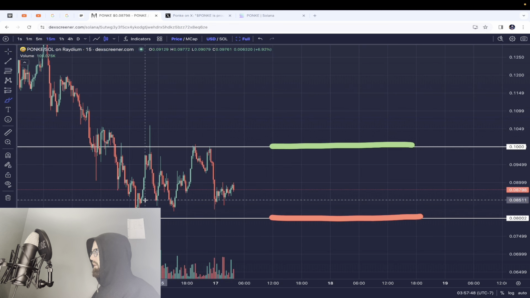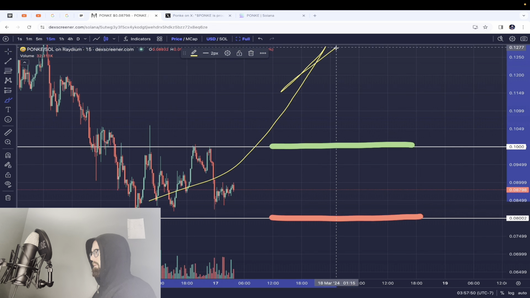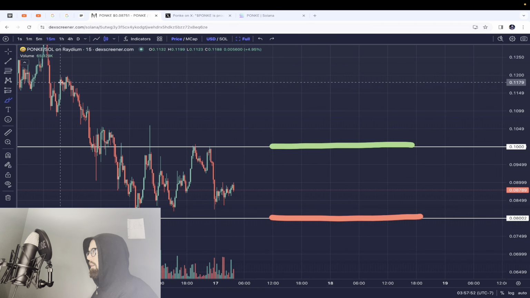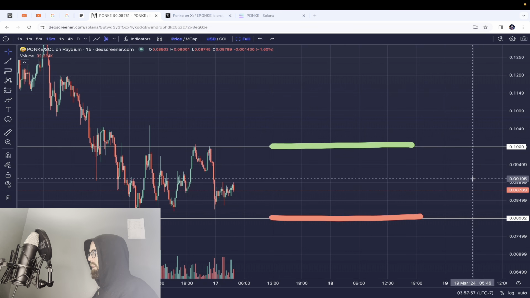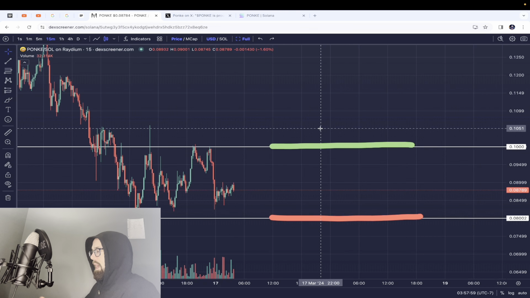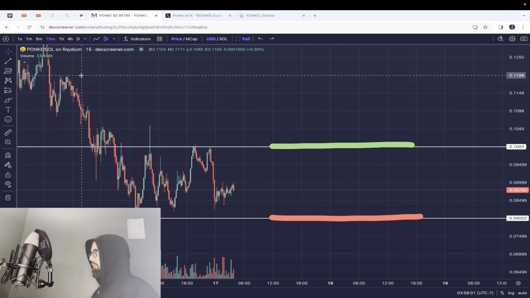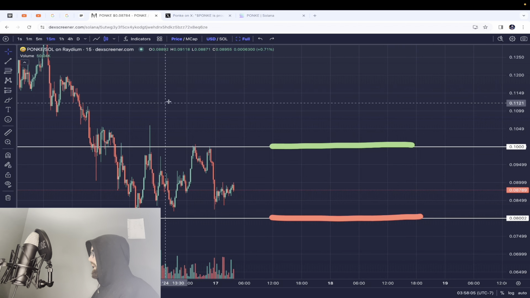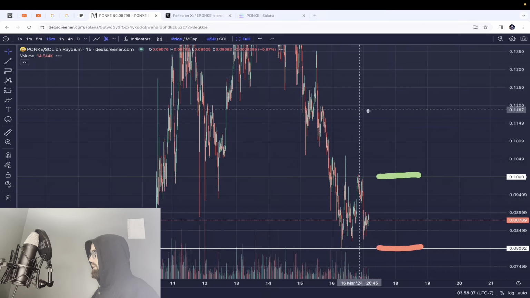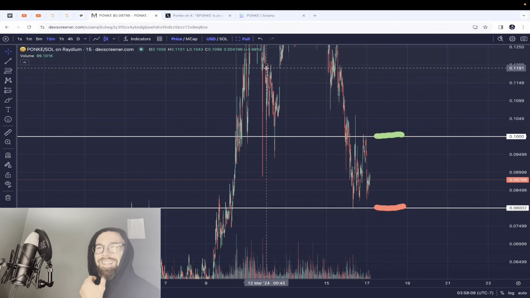I don't think it's just going to go straight back up to 15-cent all-time high. I think it's going to play around in this 8 to 10 cent range for a bit. How long is a bit? I have no idea. But I think whales are going to accumulate here, big money, and then head back up. That's just how I see things.